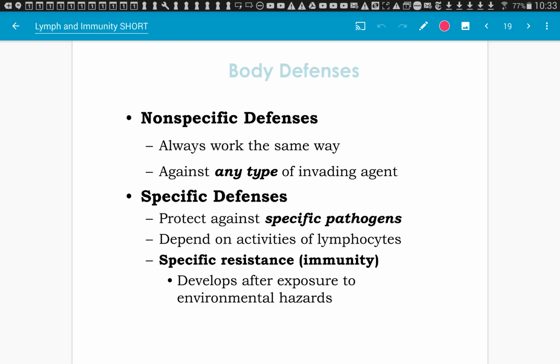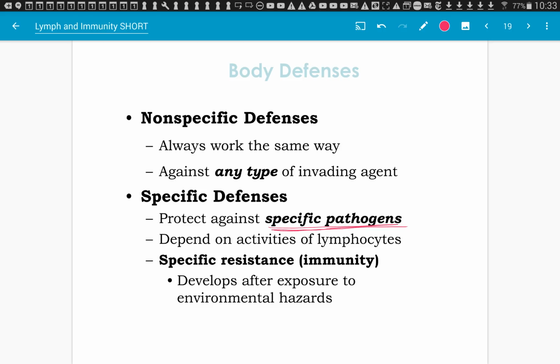Specific defenses, this is where you use your antibodies that are specific for a particular disease, okay? So a specific pathogen. So most of you have had vaccines for chickenpox. So you have those antibodies, the memory of those antibodies. So if you come in contact with it, your body just makes the antibodies really quickly, fights it off, and you don't ever feel sick. That's a great thing.